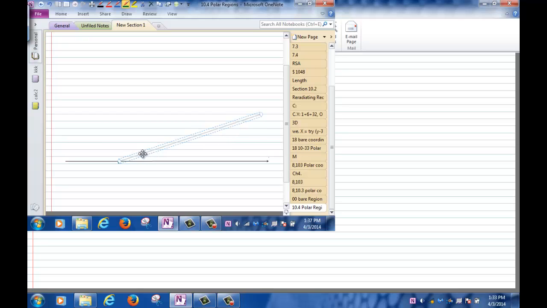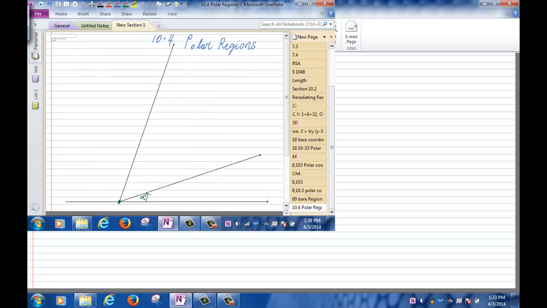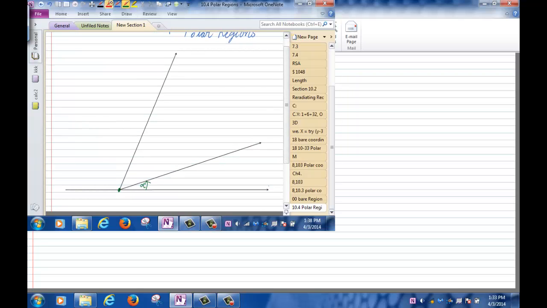So let's say this angle here is alpha, and let's say I have another ray which is given by this ray, and let's say the angle from here to here, that's beta.